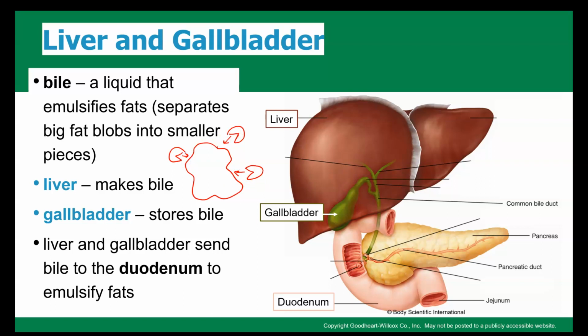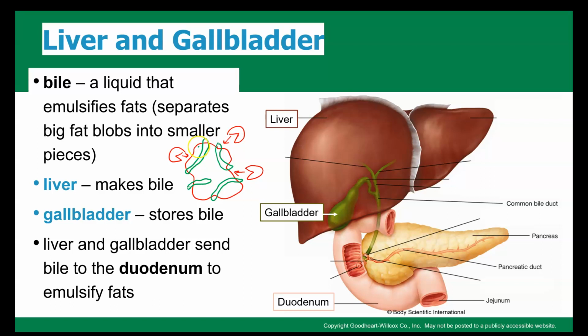So what bile does, bile comes in, and bile is a fluid, and it just kind of gets in between here. It's called emulsifying. It's not actually breaking down this fat blob, but it's getting in there and separating some sections of the fat blob from others.